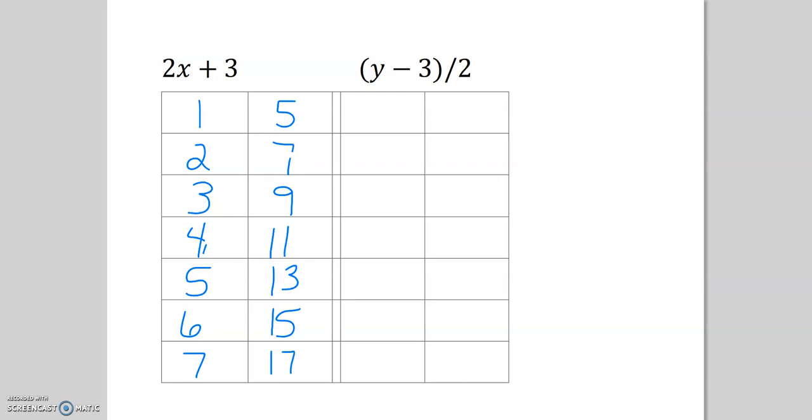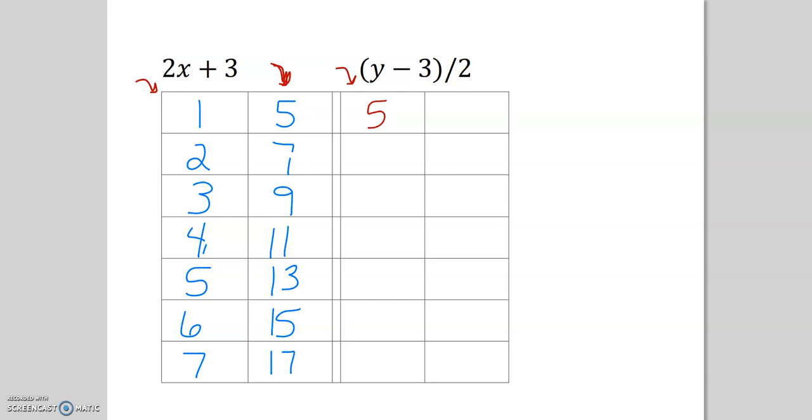So now let's see what happens if I put 5 into this function. When I take the output from here, so I put in apples and I got out bananas, now I'm going to take those bananas and put them into this function and see what I get out.